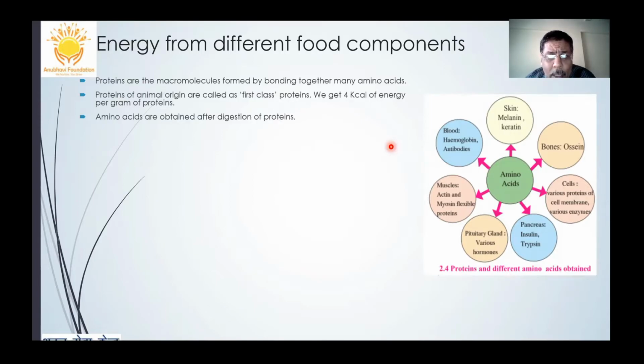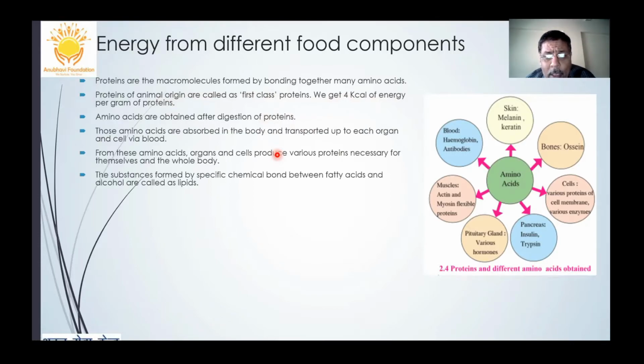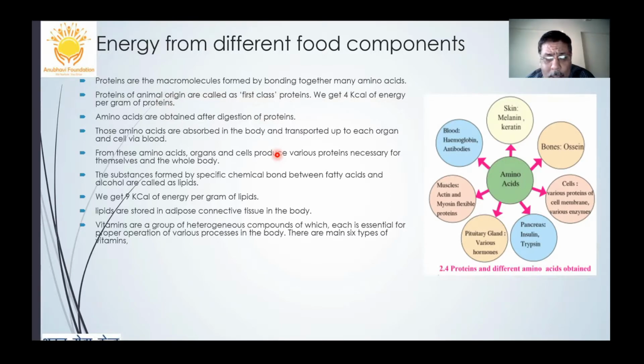Proteins are also called first class proteins because of animal origin, because they cannot be obtained from plants. We get 4 kilocalories of energy per gram of proteins. But generally proteins are the last source of energy. It is generally carbohydrates, followed by lipids, which are mainly used for energy.